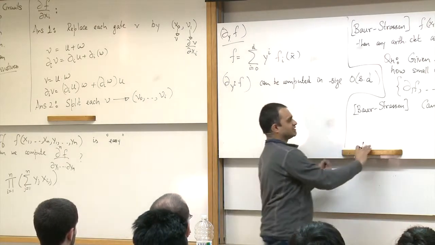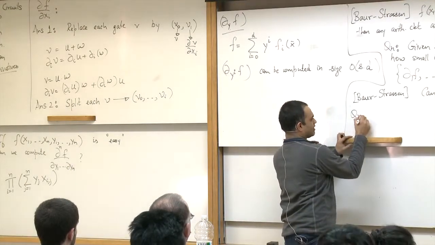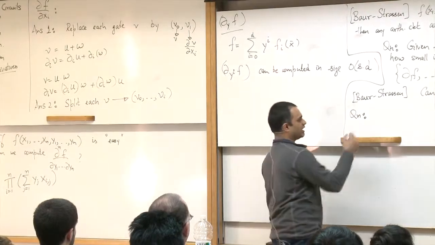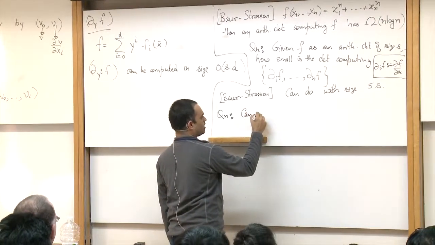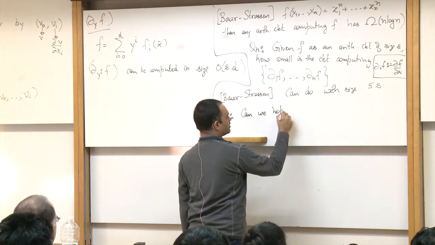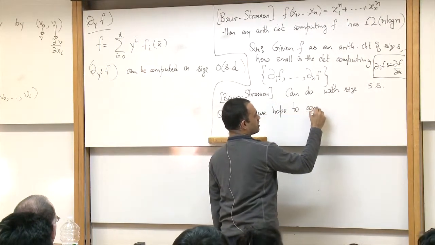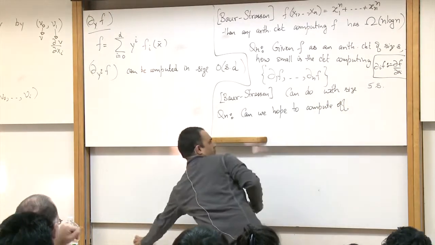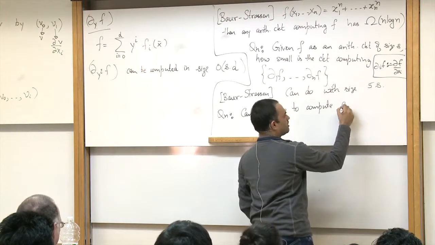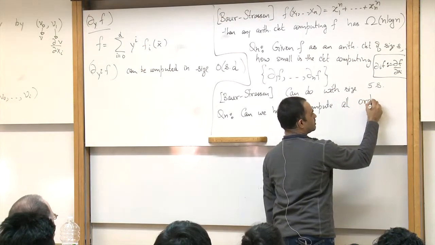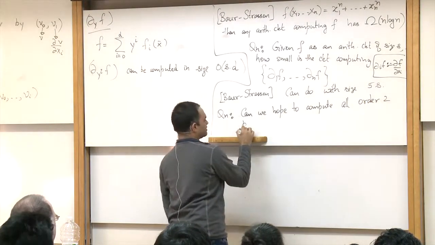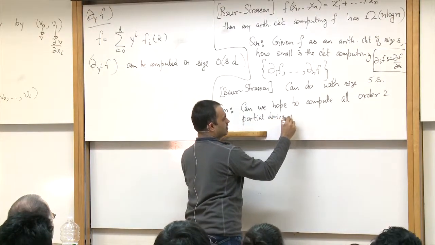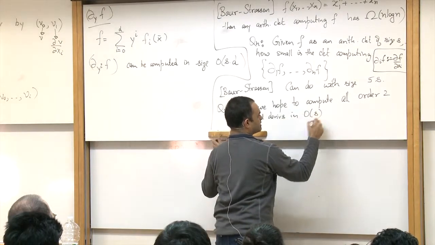Before we answer this question, let's assume that a little bird told us that this was indeed true, and now ask, can we hope to compute all order 2 partial derivatives in order s size?